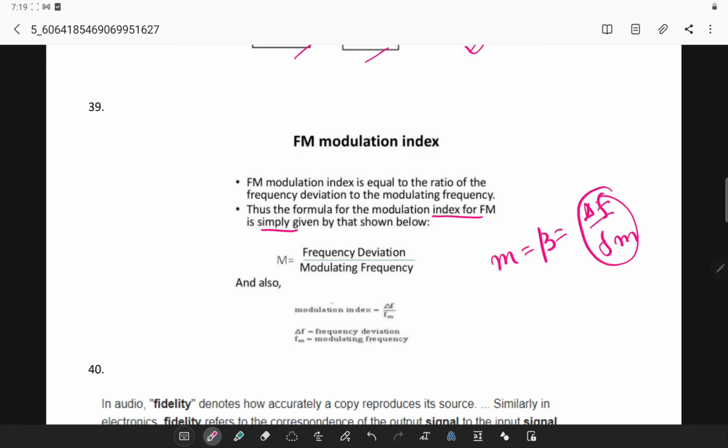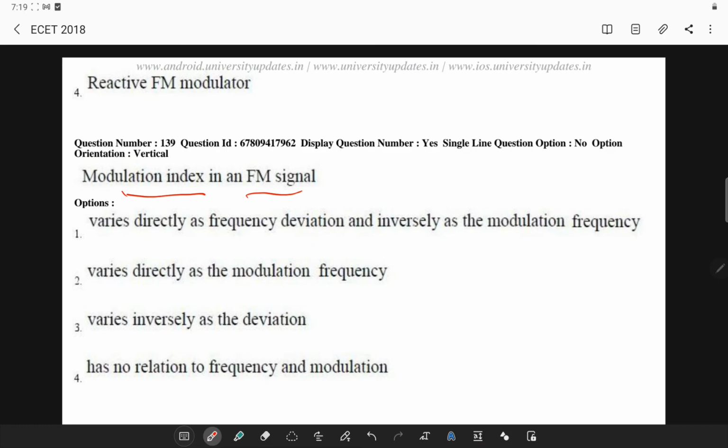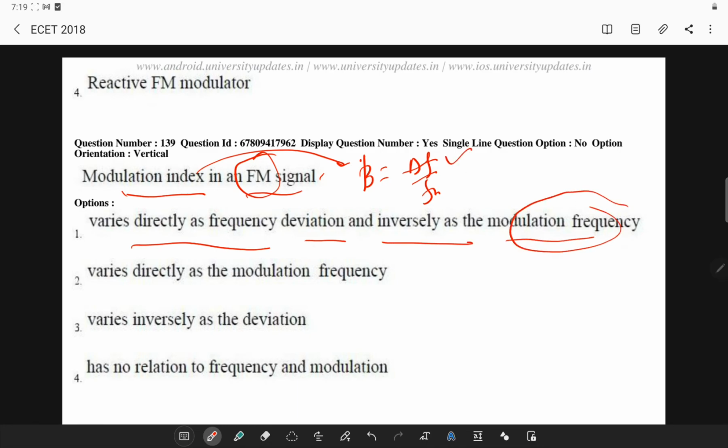Here delta F is the frequency deviation and Fm is the modulating frequency. So what is the question here? Beta, the modulation index, is delta F by Fm, so it varies directly with frequency deviation and inversely with modulation frequency. So this is the only option.